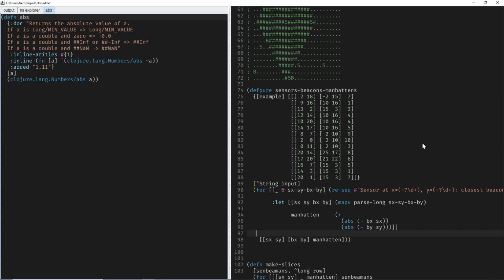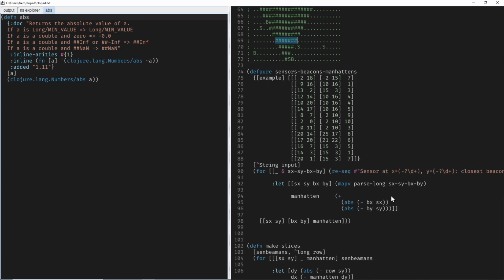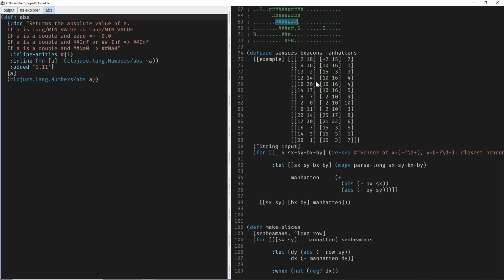Right, then how do we make slices in one row? So if we have the result from the sensors-beacons-manhattans function, I call it sen-bmans for now, and a particular row, how do we figure this stuff out? So we iterate through all these lines, destructure into the sensor position.